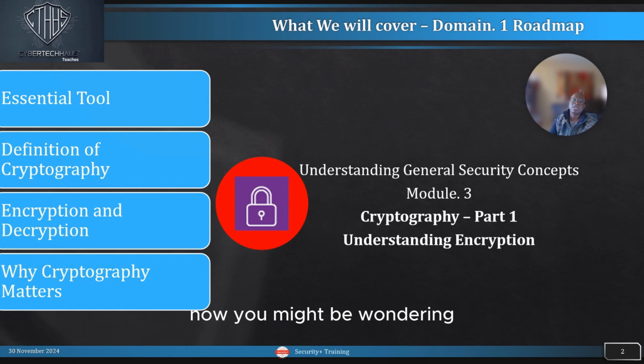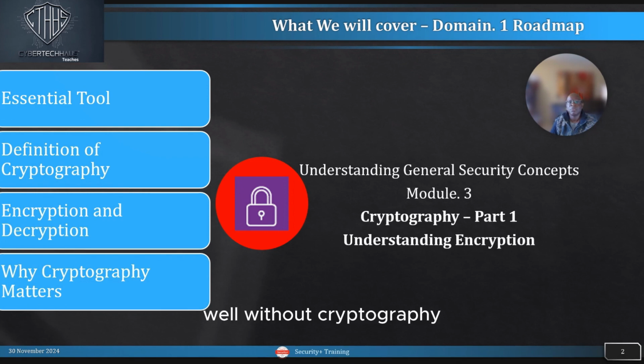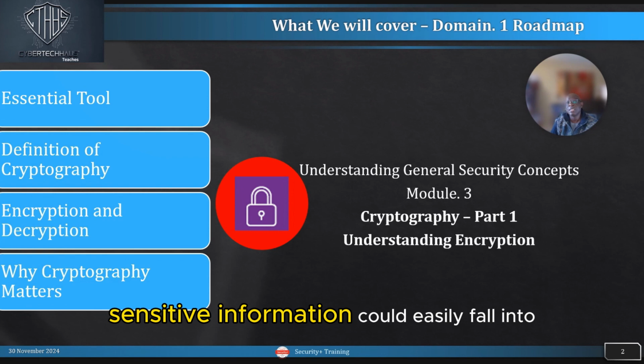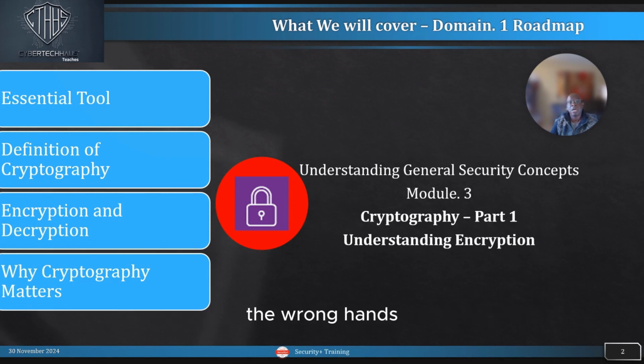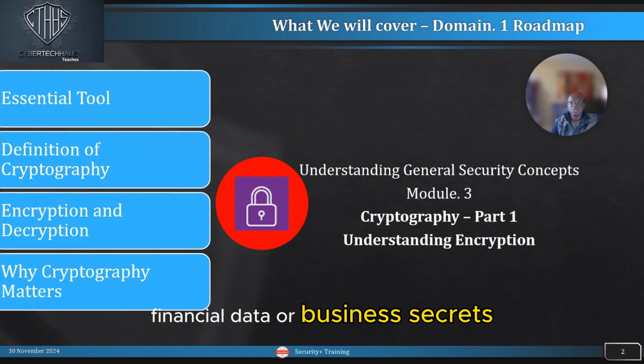Now, you might be wondering, why does cryptography matter so much? Well, without cryptography, sensitive information could easily fall into the wrong hands. Encryption keeps data secure, whether personal information, financial data, or business secrets.